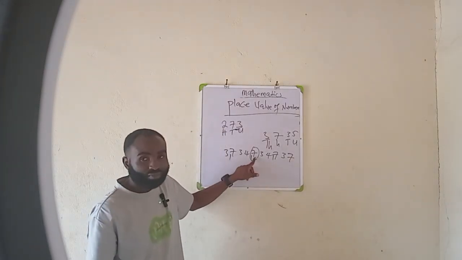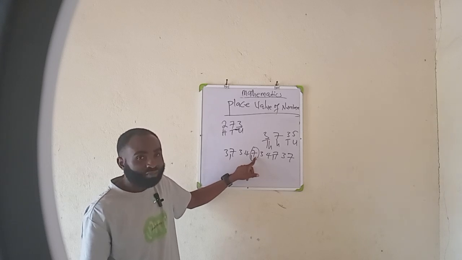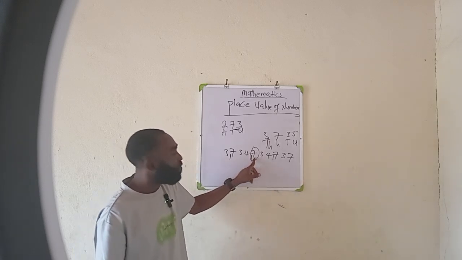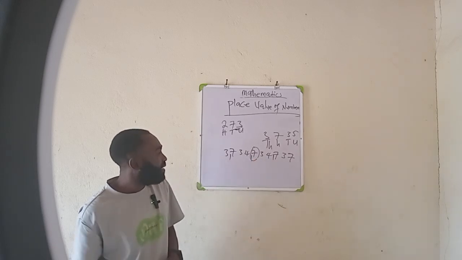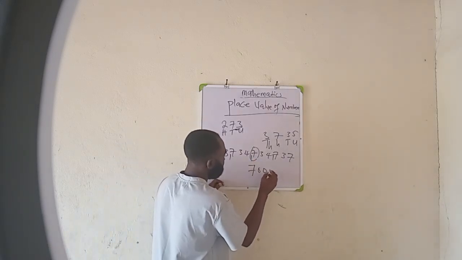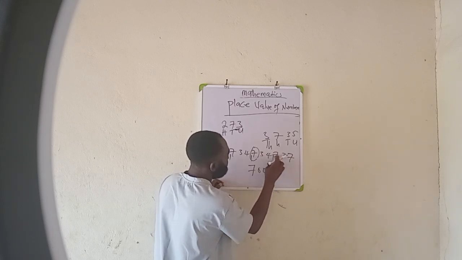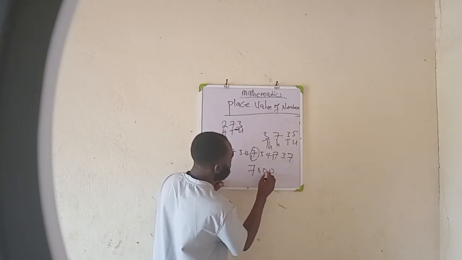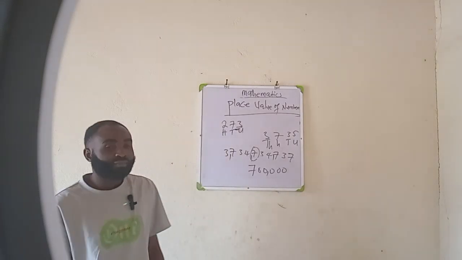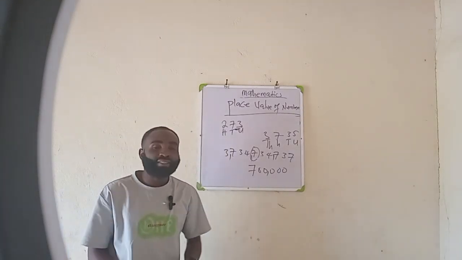This is thousand. 700,000. So if you're asked to find the place value of this digit here, that will be 700,000. That is the place value of 7 in this number.